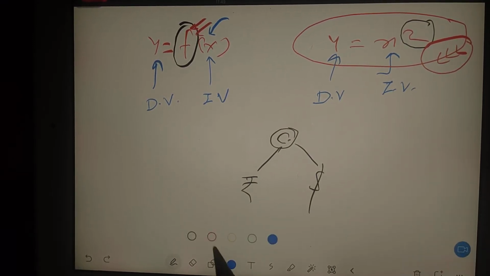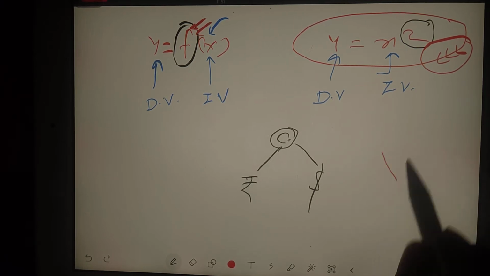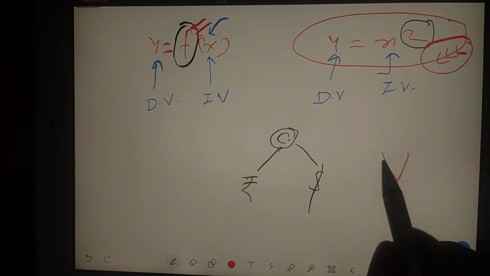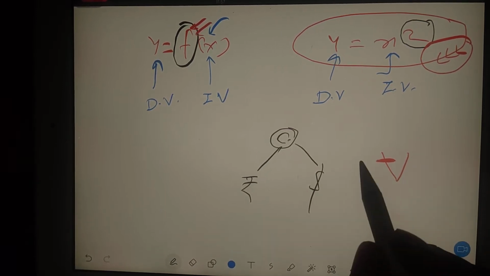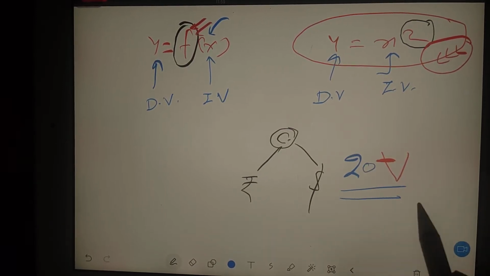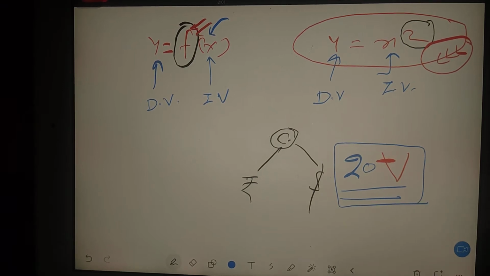Suppose my name is Vikas and I print my own currency with my own symbol, saying 20V. If I take this money to the market, the market will not accept this.